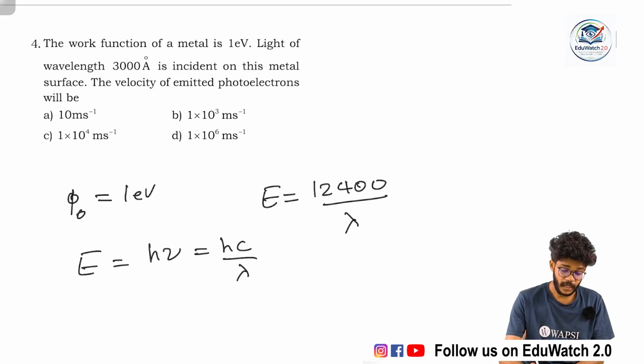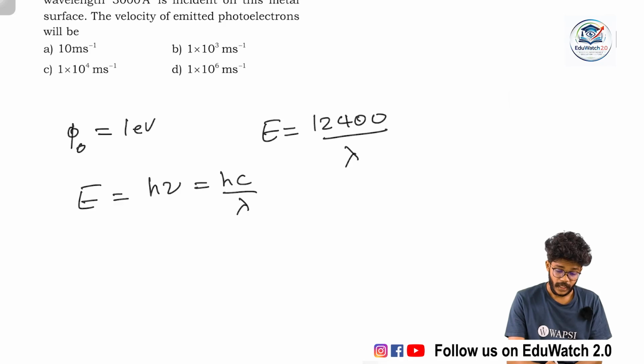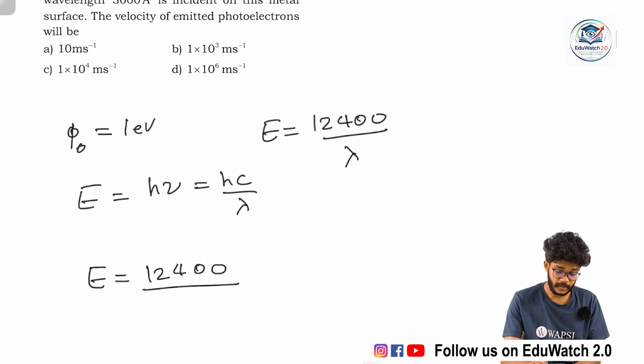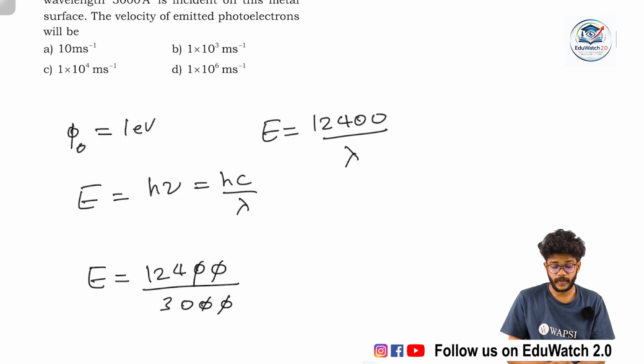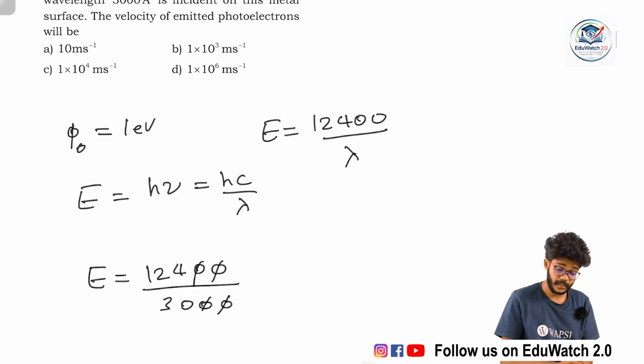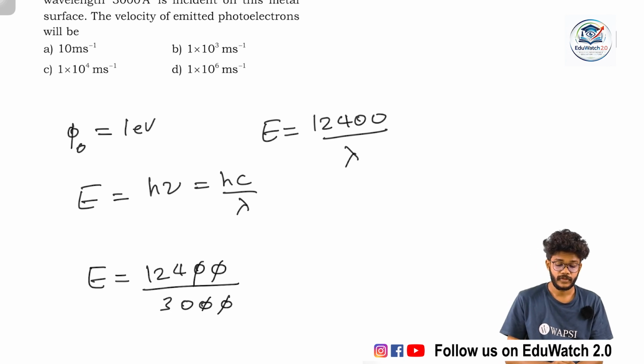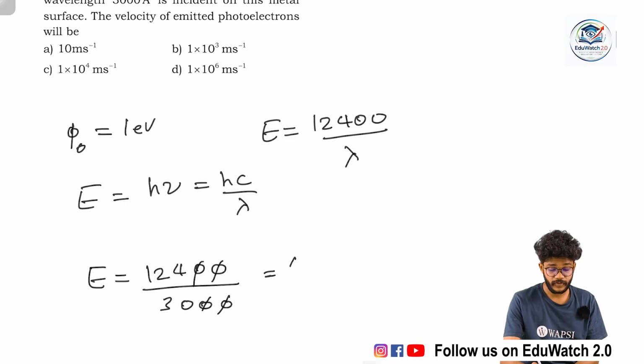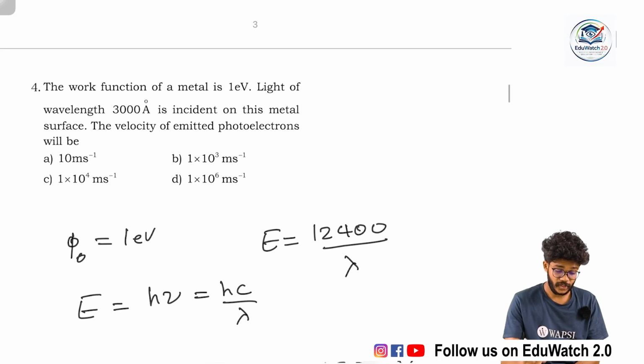So E is 12,400 divided by 3000 angstrom, which gives 124 by 3, approximately 41.33, so 4.133 electron volt.